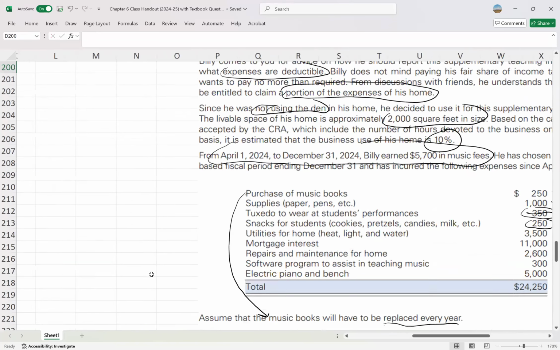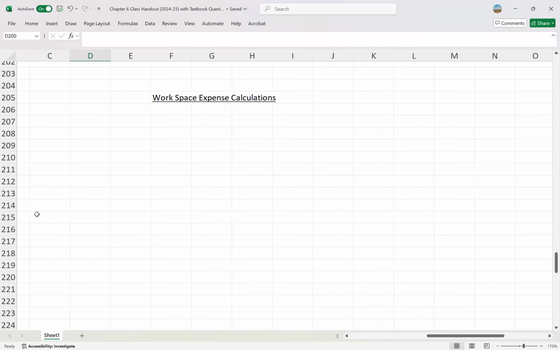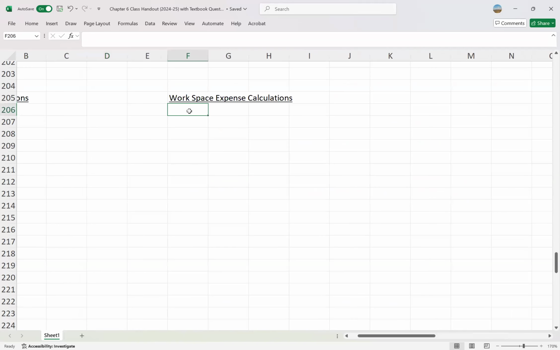Continuing on with the expenses, now we have a bunch of home office expenses, the utilities, the mortgage interest, and the repairs and maintenance. So we're going to put that separately because remember, we still have to prorate it by the 10%, and then we can only deduct it as long as you don't create or increase a loss. So let's put down the utilities, the mortgage interest, and the repairs and maintenance under our home office expenses.